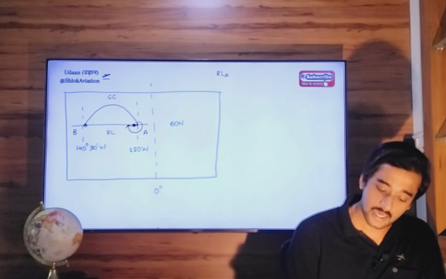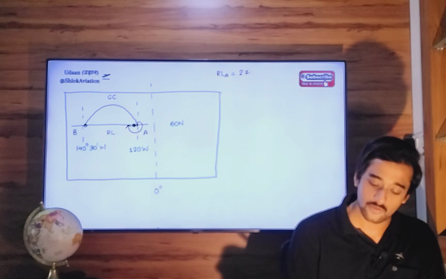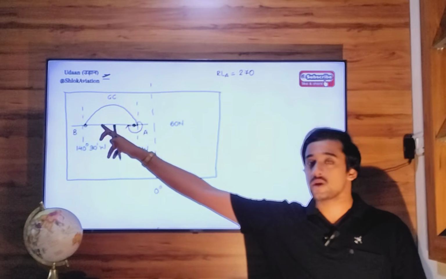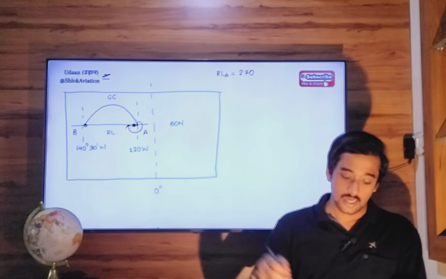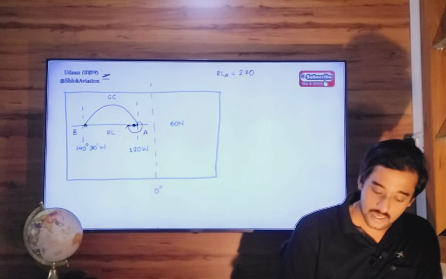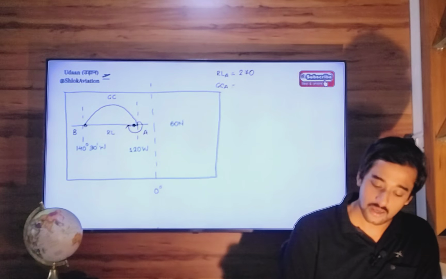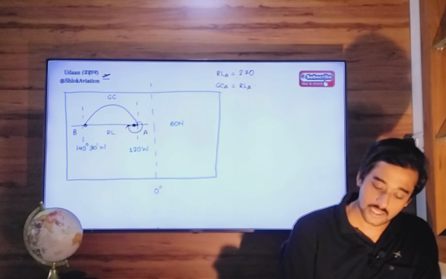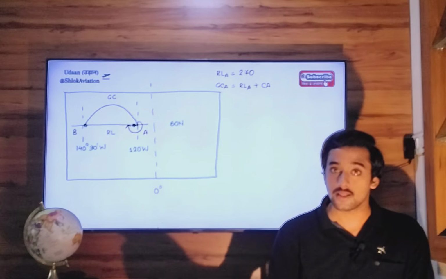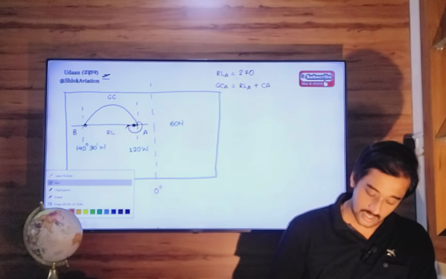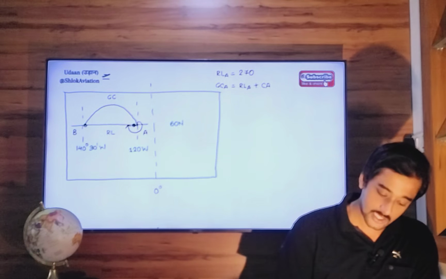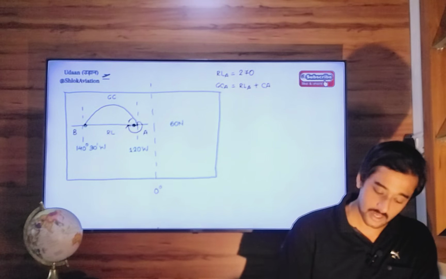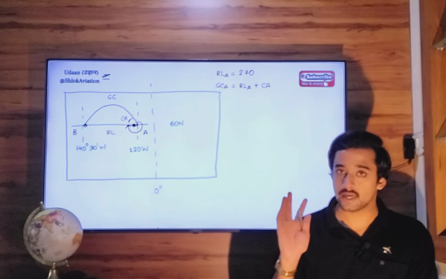Rhumb line track at A is 270, right? We are going directly towards west direction. Great circle track at A will be rhumb line track at A plus convergency angle. What is this convergency angle? Convergency angle is this small part, the angle between great circle and rhumb line.